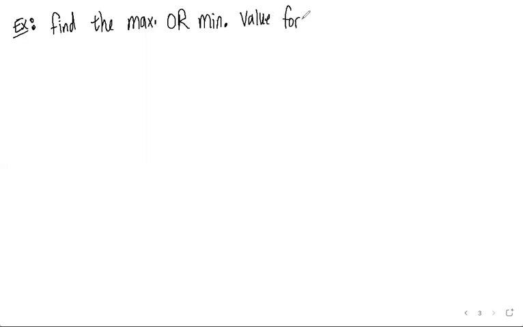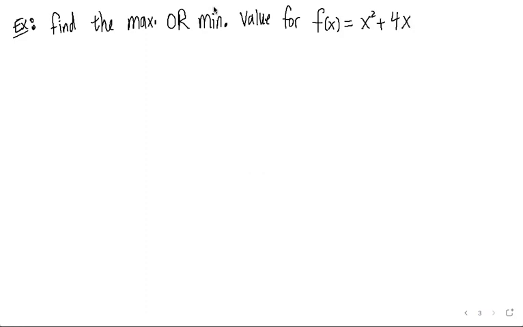So here is the example: find the maximum or minimum value for f of x equal x squared plus 4x.